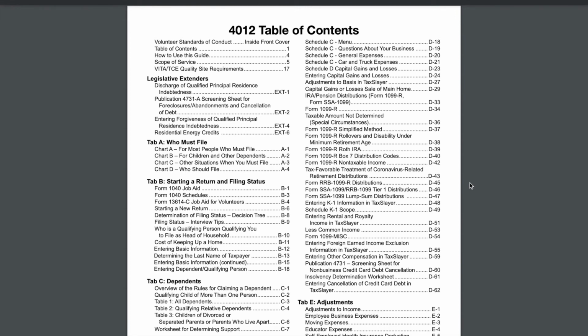Okay, so I'm back in here in Publication 4012, and we're going to walk through real quickly some of the important tabs with regard to the topics that we have talked about so far in this lecture. And it's going to be important to note I'm going to run through these tabs quicker than I have even in the past, because there's just a lot of content that we covered.